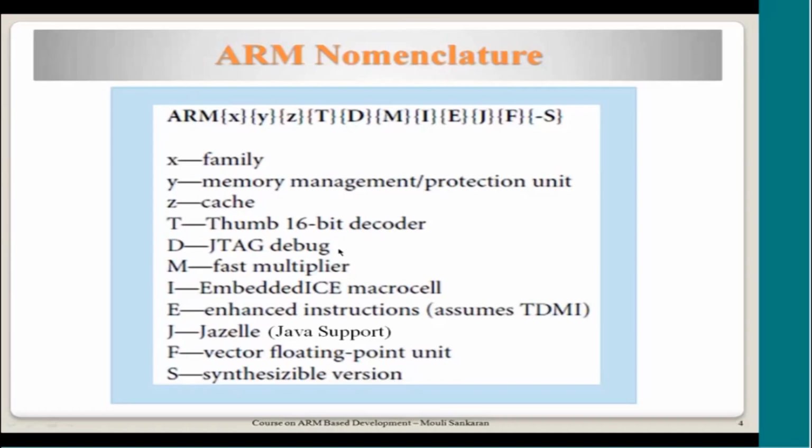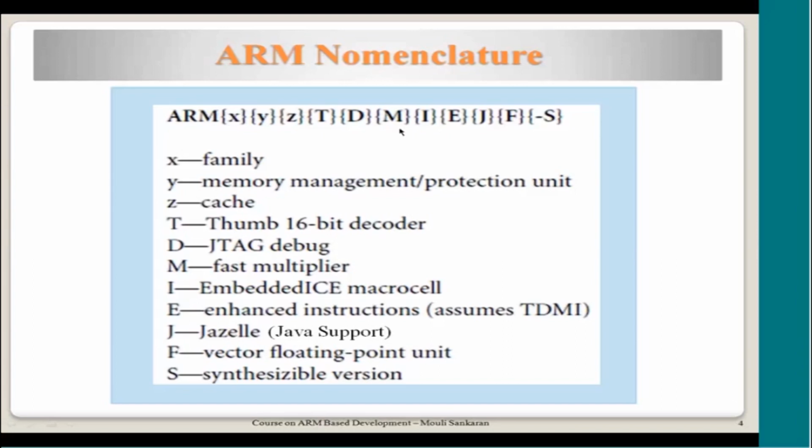That means you will be able to debug the hardware, the chip, by connecting it to the JTAG port and your development platform, and you can do debugging, stop, apply breakpoints and other things. Okay, so we will talk about this in the back end of the course.